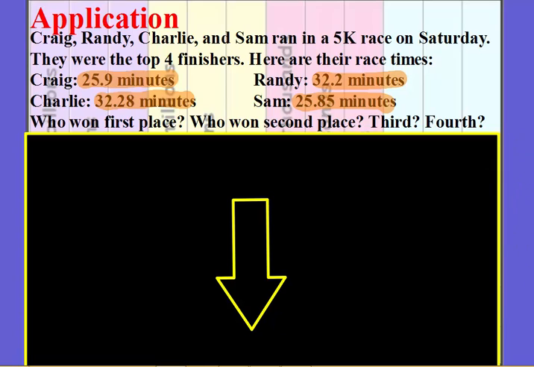Well, I'm going to look at each individual one, and I see I have 32 and 32 that are the same, so they're my larger ones. So I know Randy and Charlie will be at the bottom, and I know that Sam has 25 and Craig has 25, so they will be at the top.